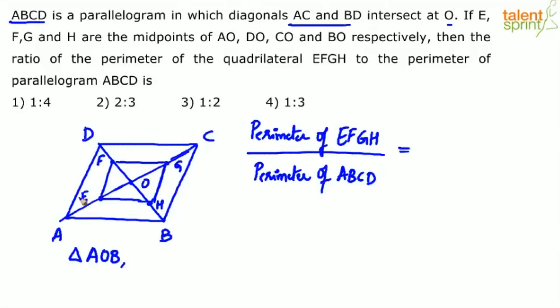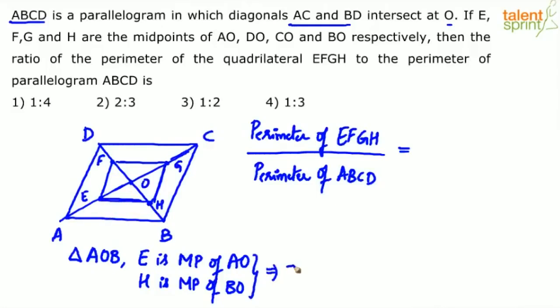E is the midpoint of AO, and H is the midpoint of BO. Now, if you apply the midpoint theorem, clearly EH will be half of AB.